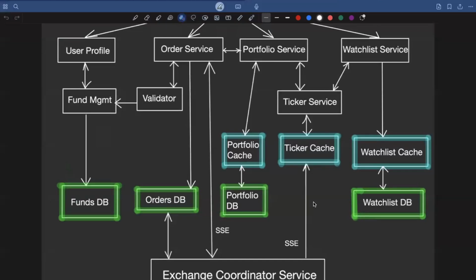Before moving on to the portfolio service, let's talk about the ticker service. The ticker service is basically taking care of the stock price updates.